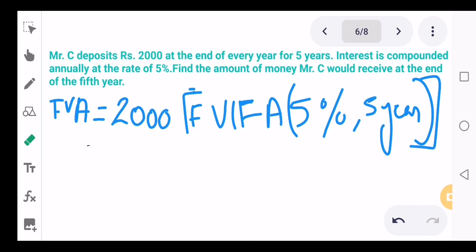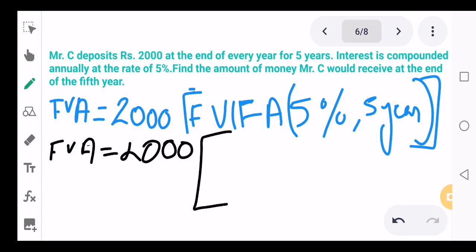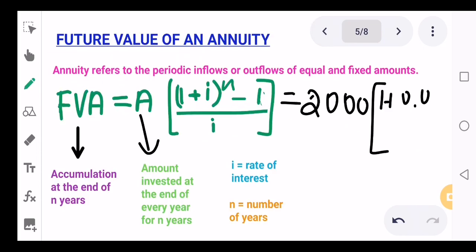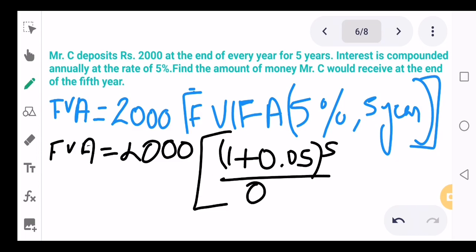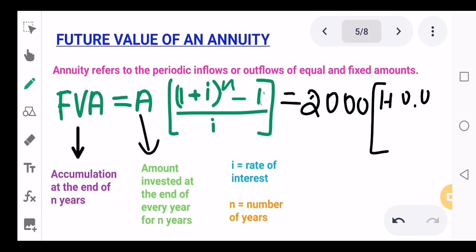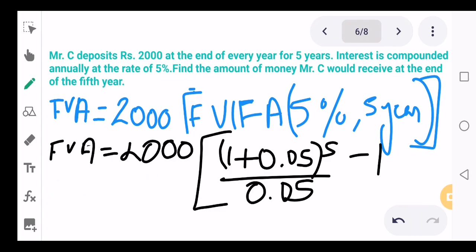In method number 2, we are just replacing values in the formula. FV is equal to A into (1 plus i) to the power n, minus 1, whole divided by i.